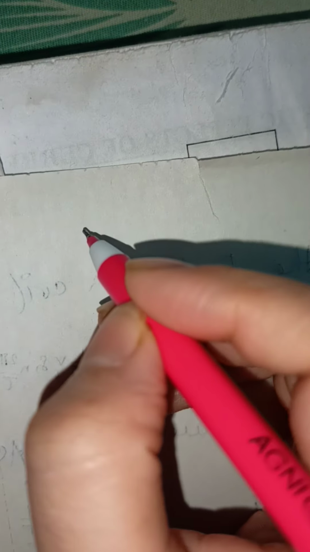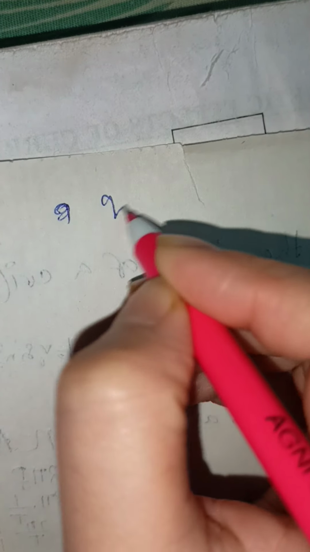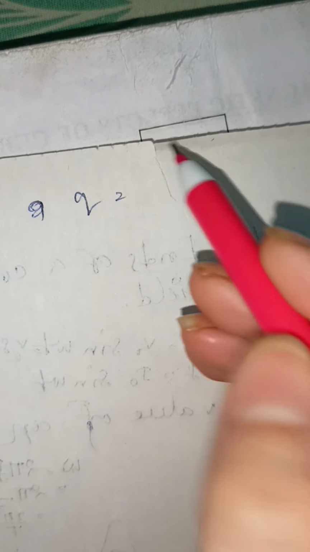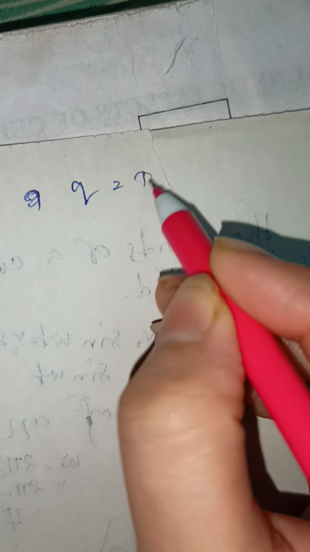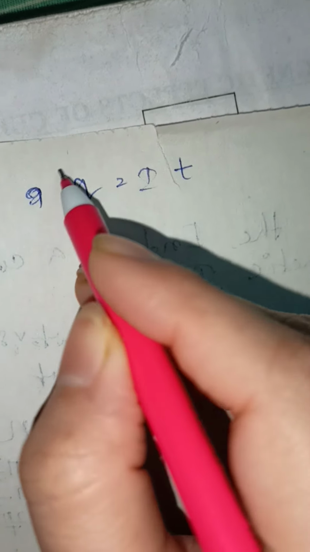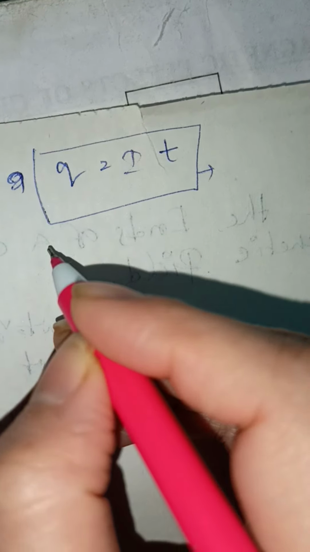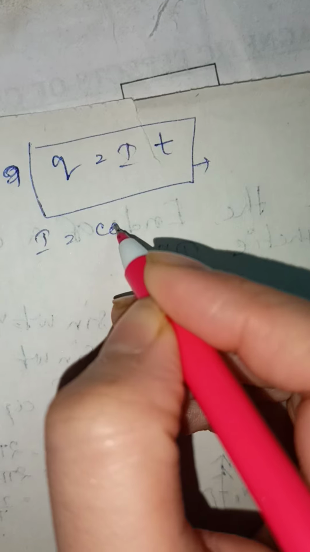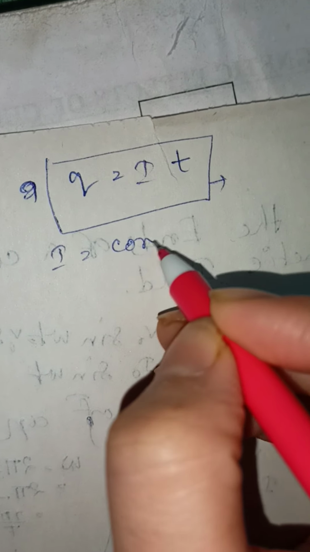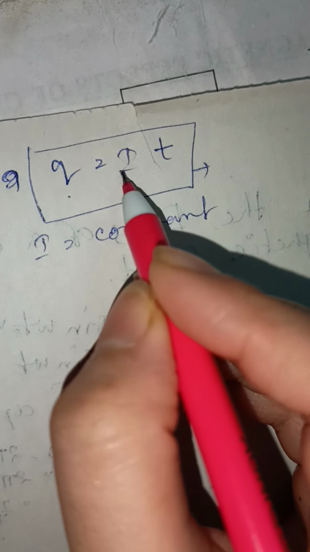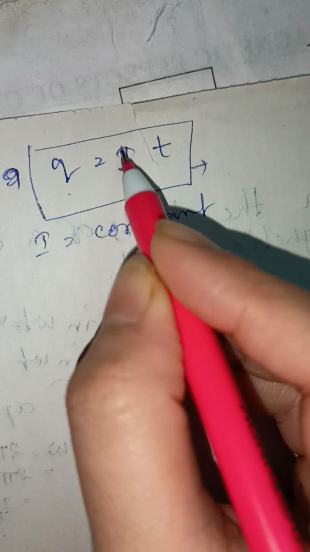So we know that if we indicate q as the charge, then charge equals current into time. But this equation is applicable only for constant current. If current has a constant value, then we can write q equals I into t. What is t? t is the duration.